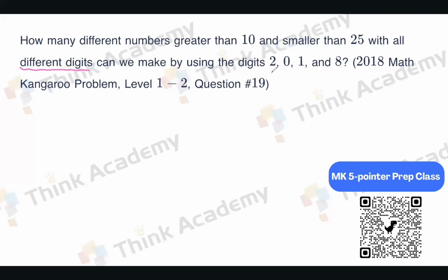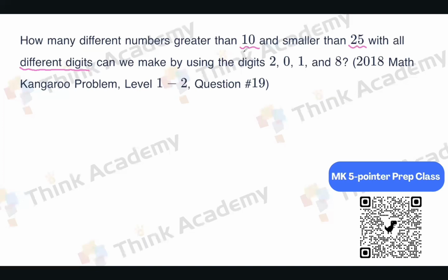All right, so now let's take a look at the question. All the numbers we make out of the 4 digits here need to be greater than 10 and smaller than 25. So what's the method? Actually, we just need to start from the smallest number to the biggest number and list them out, right?